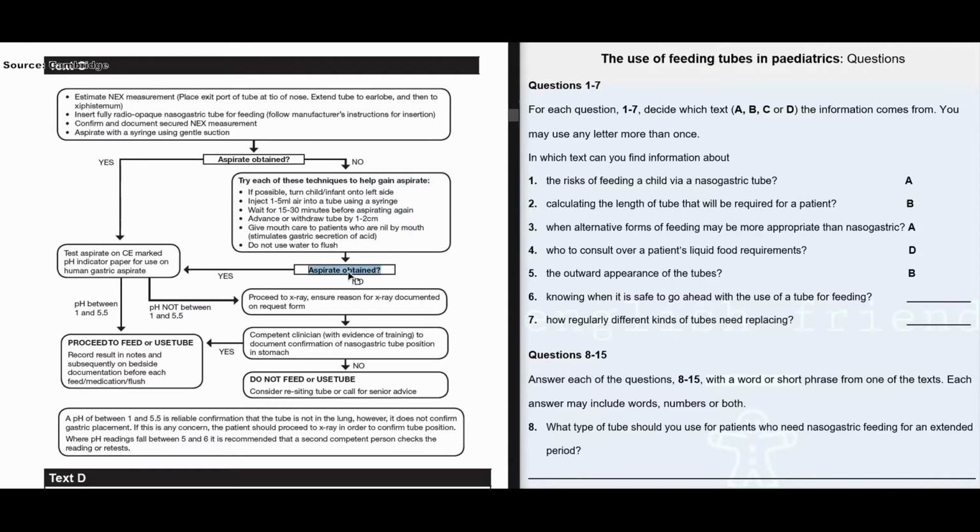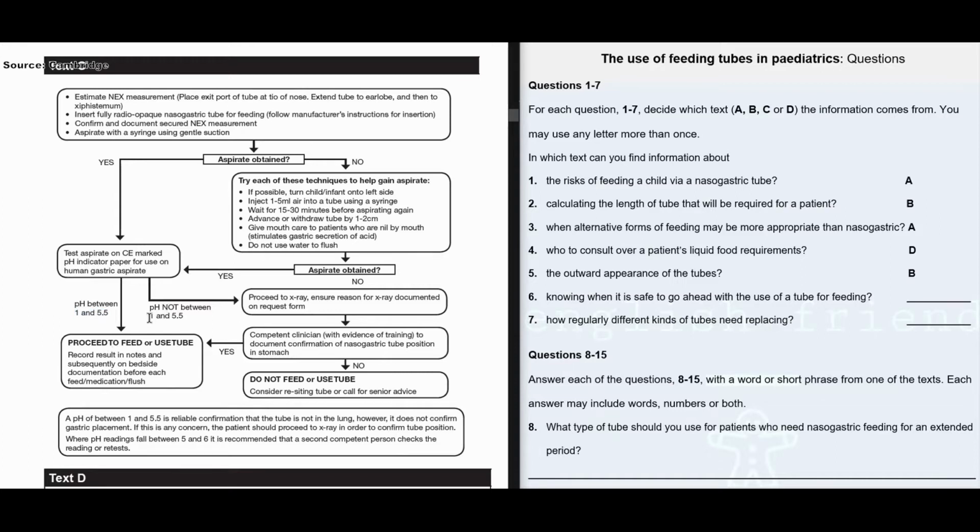And here, if aspirate is not obtained again, then that is done, or else they need to proceed here to the left side. And if the pH is well between the required 1 and 5.5, then they should proceed to feed or use the tube. Otherwise, that should not be done.